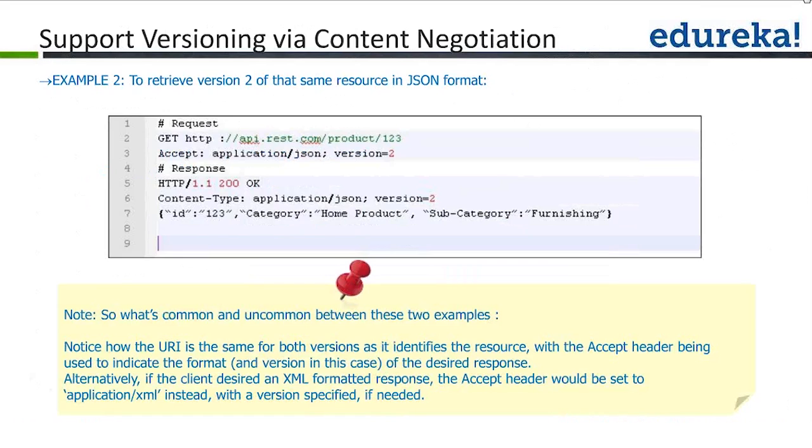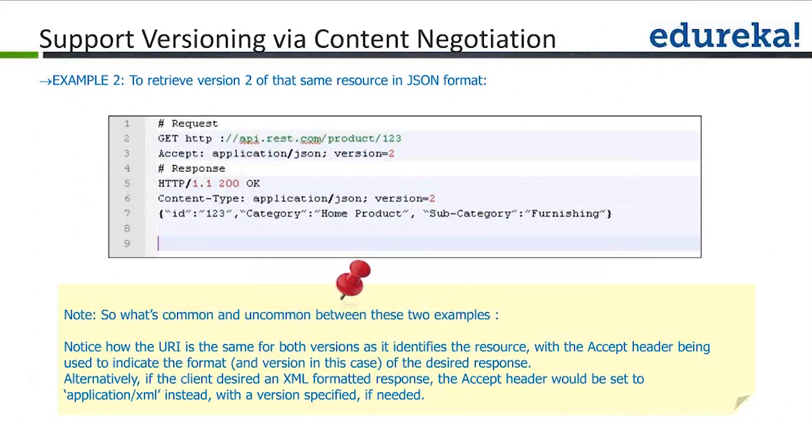Because now we have to understand that in REST web services, we see that different clients are sending different versions and different data types, which was not the case with SOAP, because SOAP was always a SOAP XML request and response.